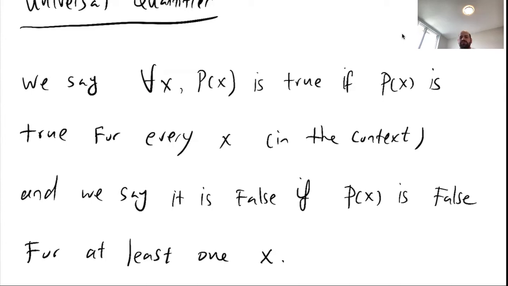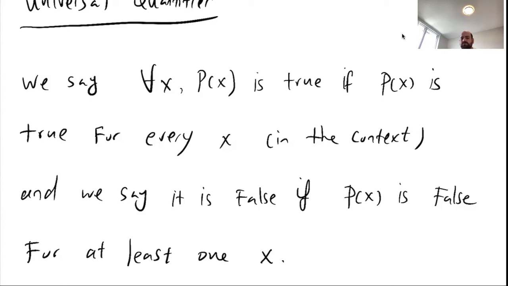And when can we say that for each x, p of x is false? If for at least one x, p of x is false. This makes sense, right? If I say, for example, in a Math 120 class, let's say we have one student with GPA 3.4, and even if the rest of the students have GPA more than 3.6, if I say for every student in the class the GPA is more than 3.6, then this statement is false, because for one student the GPA is less than 3.6.